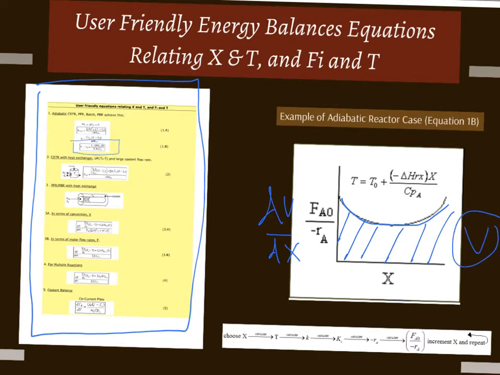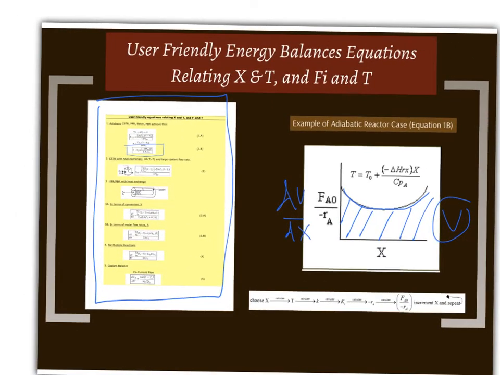So in order for you to determine the volume of the reactor, we use this particular equation: T equals T0 plus (negative ΔHRx times X) divided by CPA. CP is basically the mean heat capacity, the average heat capacity. ΔHRx is the heat of reaction.